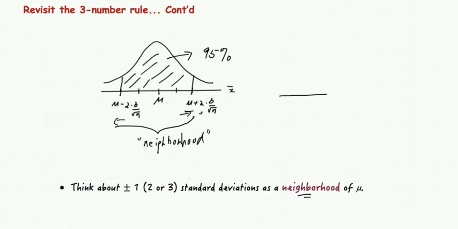So let's look at another diagram. It's a simpler one without the density curve. Okay, so this is mu. This is +2 standard deviations, -2 standard deviations. So this is the neighborhood of mu.